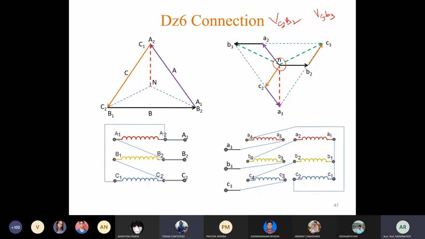They are opposite in direction, so the angle is 180 degrees. These are the line EMFs. You can consider the other two line EMFs also. They are also 180 degrees apart from each other. So that is the neutral point if you require.